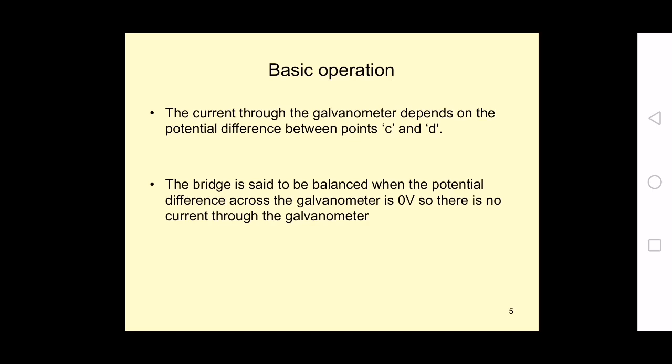The bridge is said to be balanced when the potential difference across the galvanometer is 0 volts, so there is no current through the galvanometer. Current in one direction causes the pointer to deflect on one side, and current in the opposite direction causes deflection to the other side.